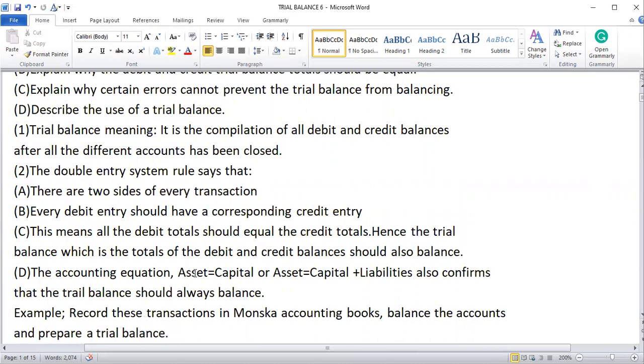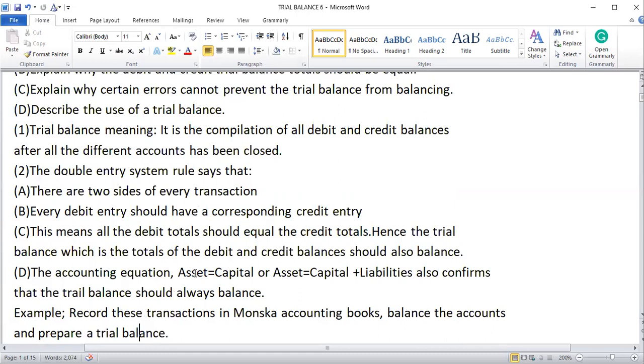So what I want to say is that every transaction has double effects. That's a double entry, one receiving and one giving. Then at the end of the day, when we enter all the transactions in the ledger and we close the books, it means when we add up all the debits and we add up all the credits, it should balance, it should be equal, because the transactions have been recorded twice.